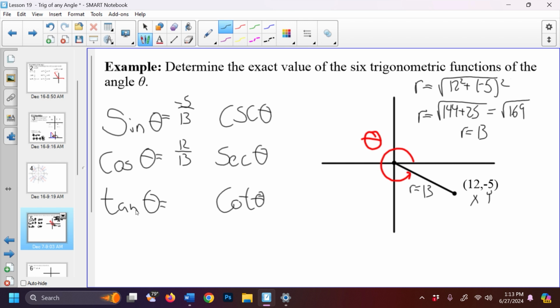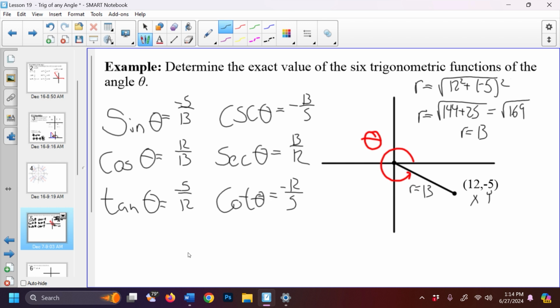And tangent is y over x, so negative 5 over 12. And then the cosecant, secant, and cotangent will just be the reciprocals of these 3 values. So negative 5 over 13 becomes negative 13 over 5. The reciprocal of 12 over 13 is 13 over 12. And the reciprocal of negative 5 over 12 is negative 12 over 5.